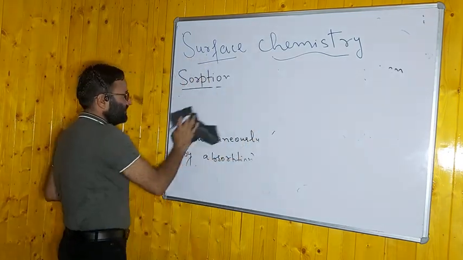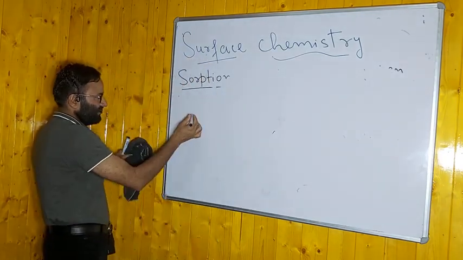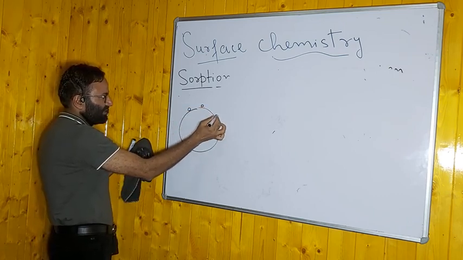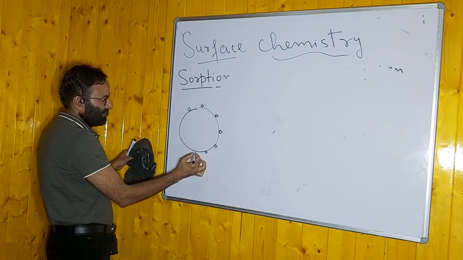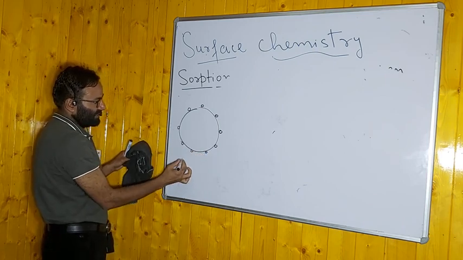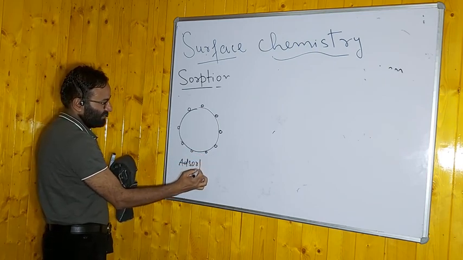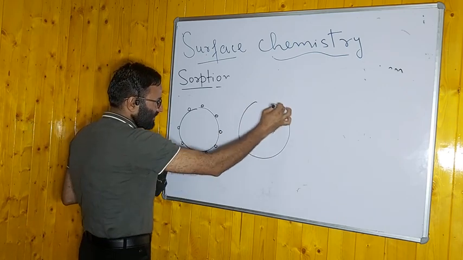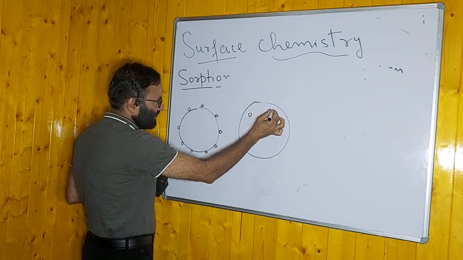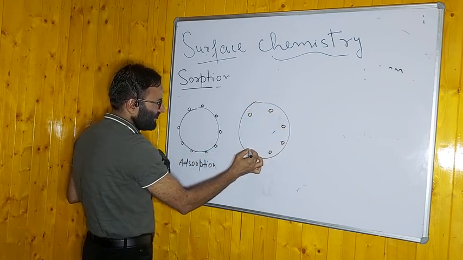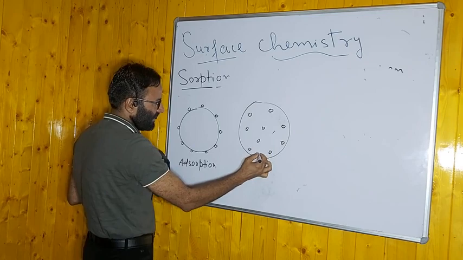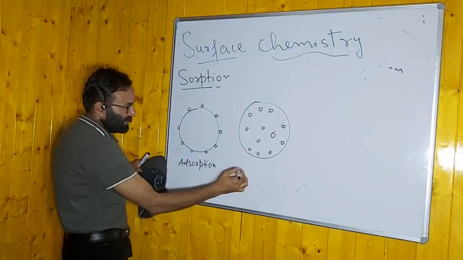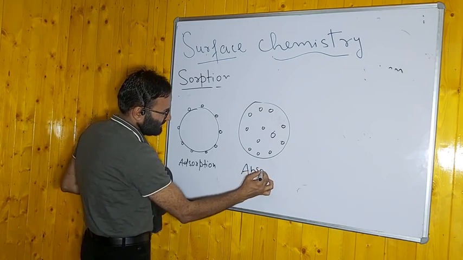We can draw the projection. I have already mentioned, if you have the adsorbent surface and the adsorbate particles remain on the surface, it will be adsorption. If the adsorbate particles penetrate the surface and enter into the whole body, into the bulk of the adsorbent, at that time it will be absorption.